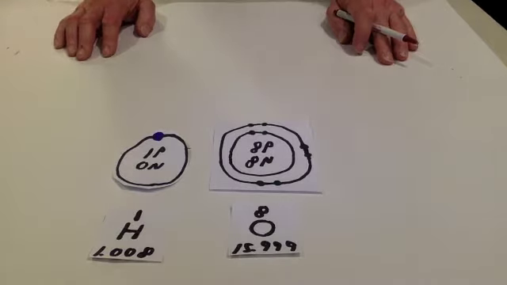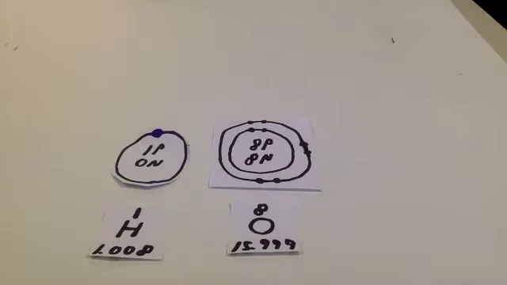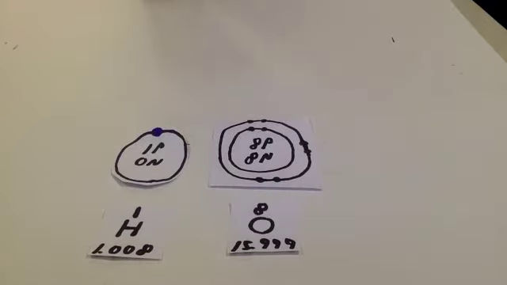So we got 2 atoms that are unstable wanting to enter into chemical reactions to form bonds and fill the outer energy level. So the question is, are they going to do it by ionic bonds, transferring electrons, or by polar covalent bonds, unequal sharing of electrons, or non-polar covalent bonds, equal sharing of electrons?